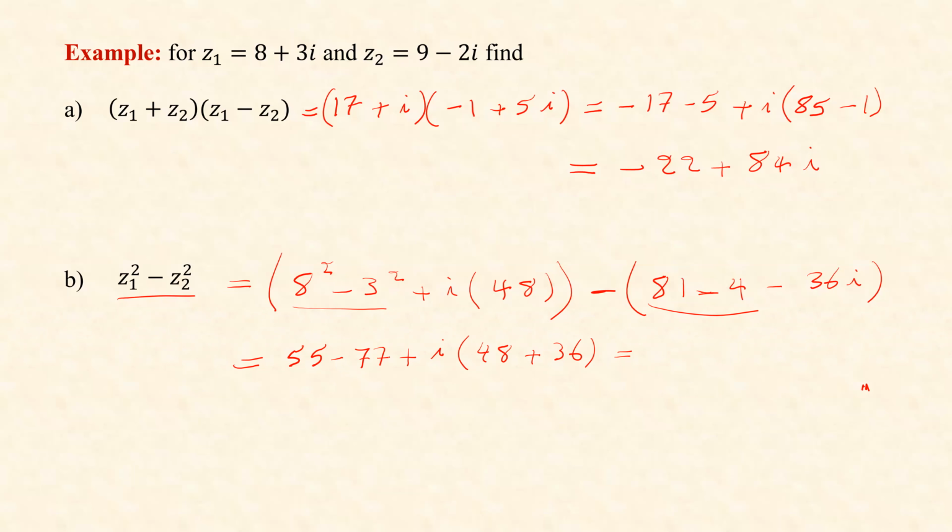So 55 minus 77 is negative 22, and 48 plus 36 is 84, isn't it? Plus 84. So you see that you get the same thing in either case.